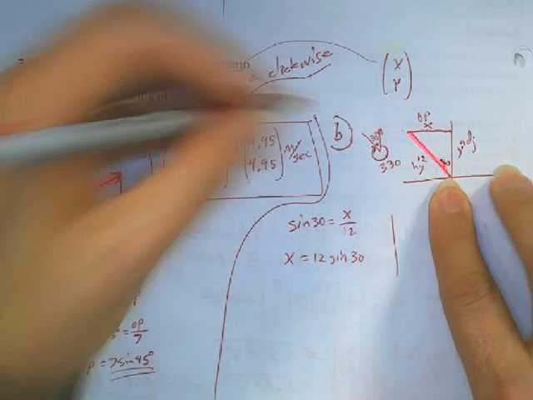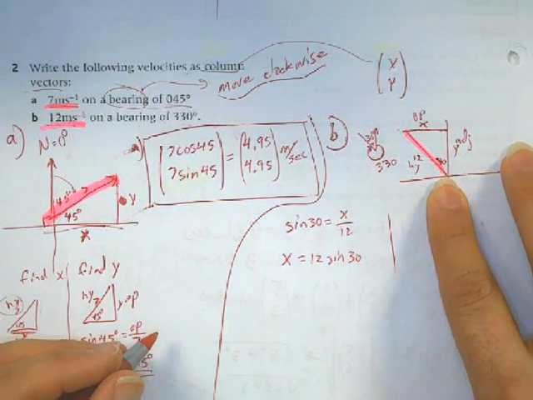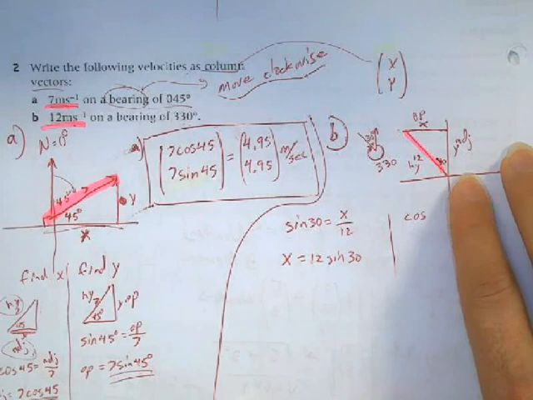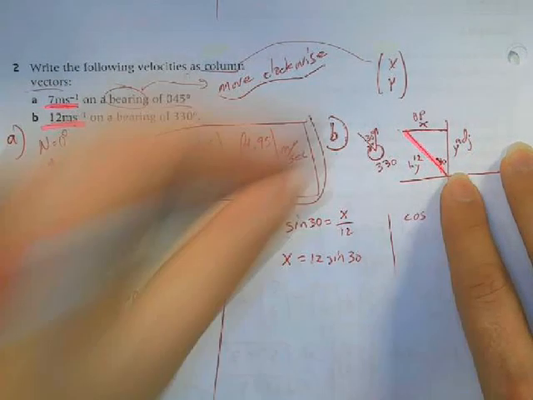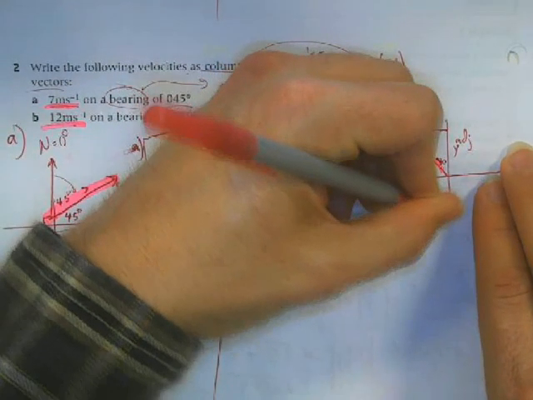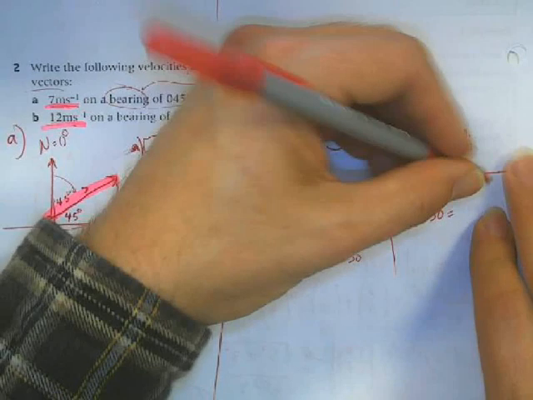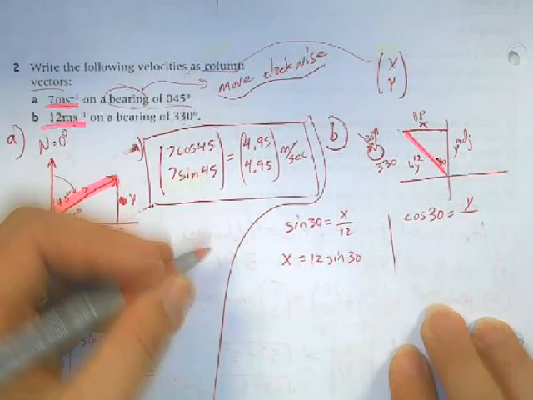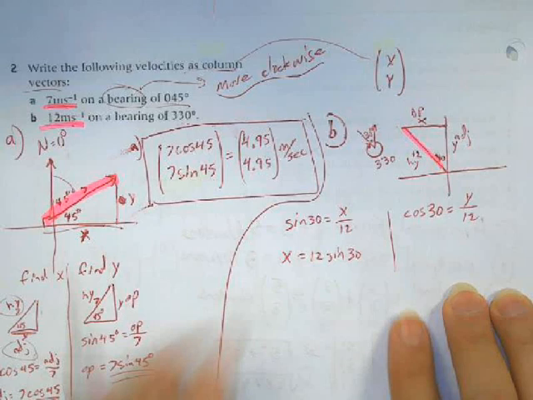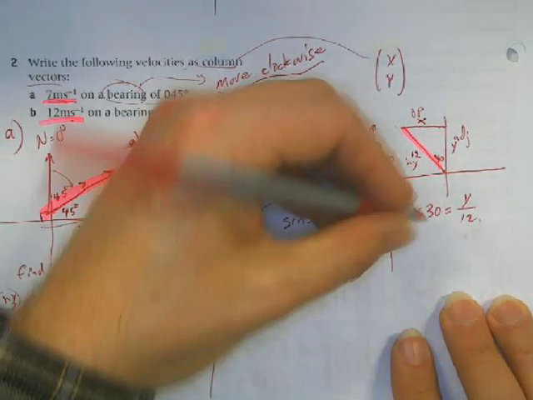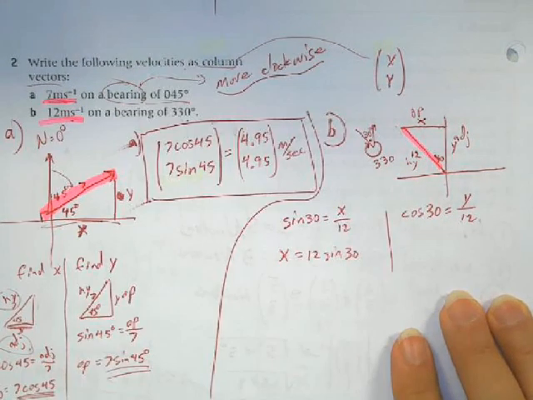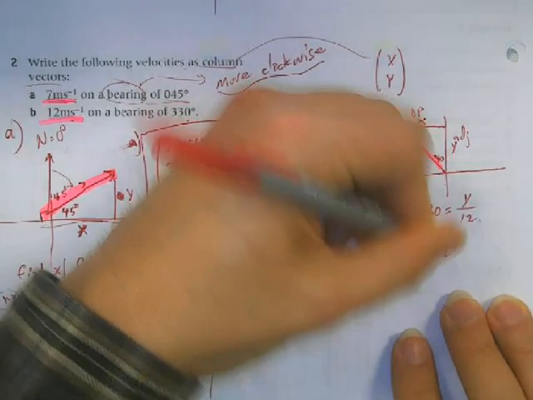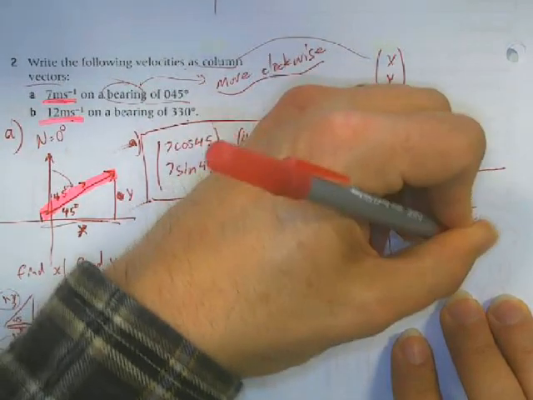So we get cosine 30 equals adjacent over hypotenuse, so y over 12. And we get y equals 12 cosine 30.